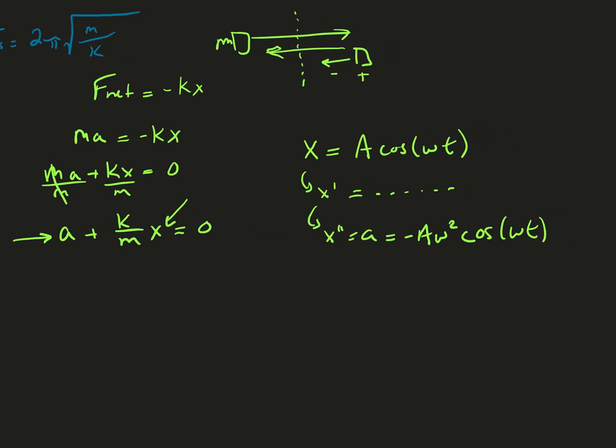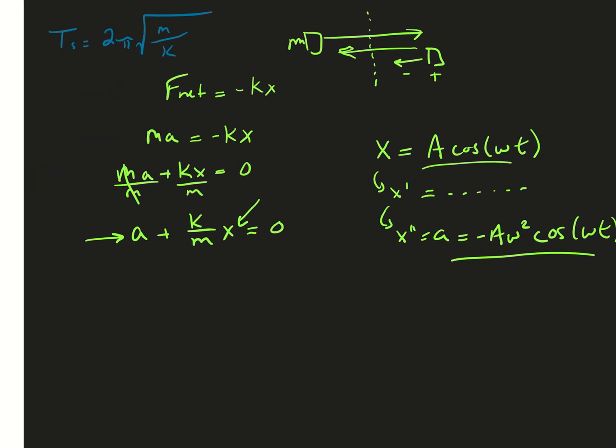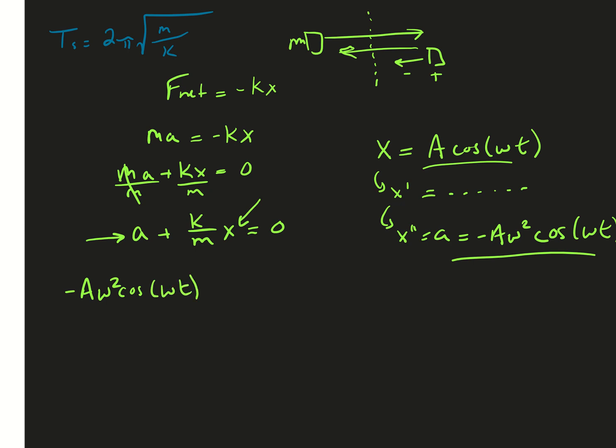But what I'm actually going to do then is take both of these and substitute those in for my acceleration and for my position. So I'm going to plug in negative A omega squared cosine of omega t, and then plus the k over m is just going to hang out front for me, and then times A cosine of omega t.